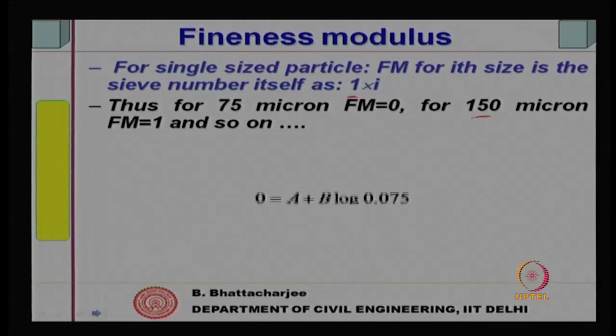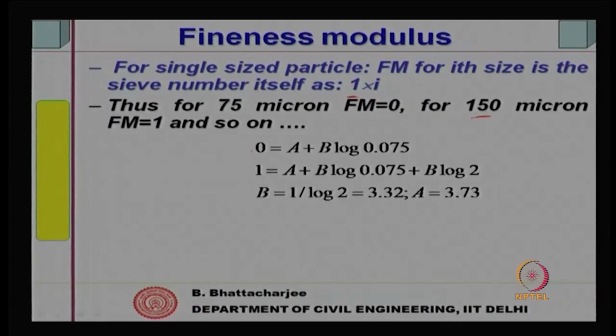And from this, for all particles I can write it in terms of A and B log 0.075, and as I said, the logarithm of the sieve size is in arithmetic progression. So, this increases simply by log 2.